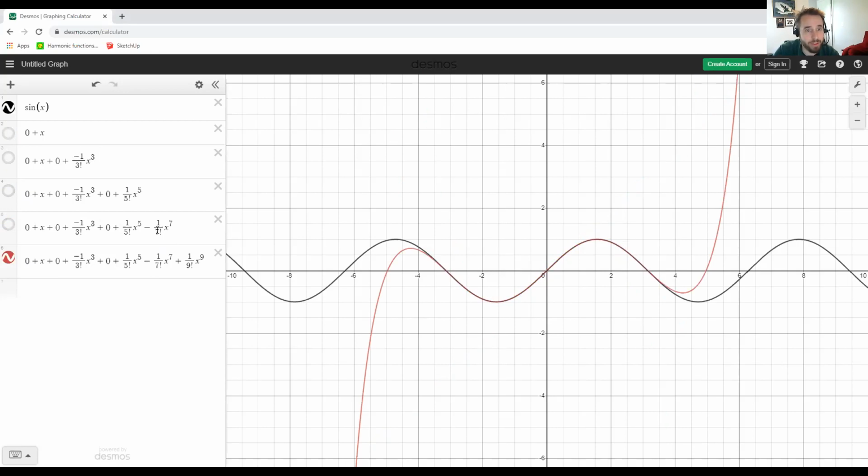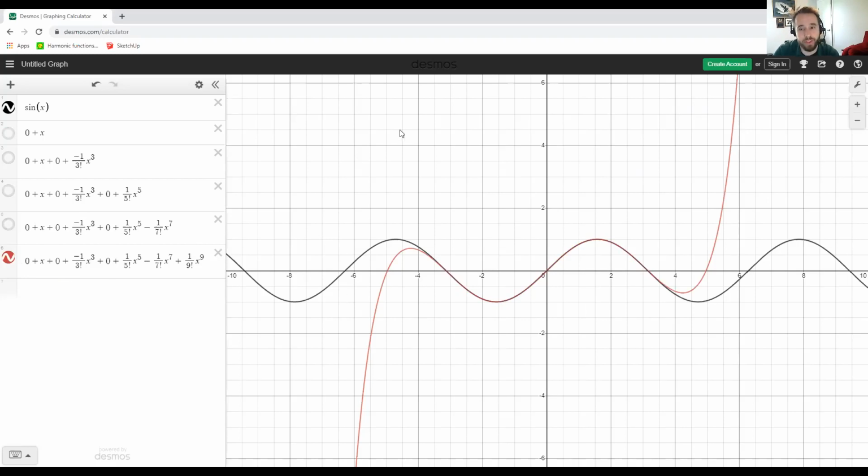And if I wanted to bump up to degree 9, I get this polynomial. So by calculating these Taylor polynomials, I am getting a better and better approximation to the original function.